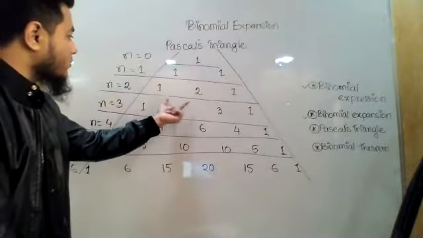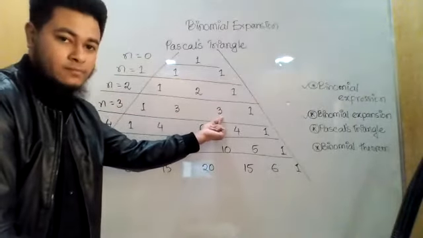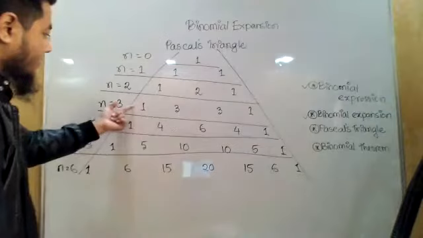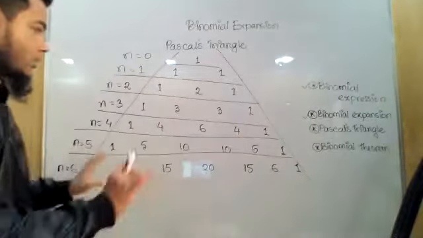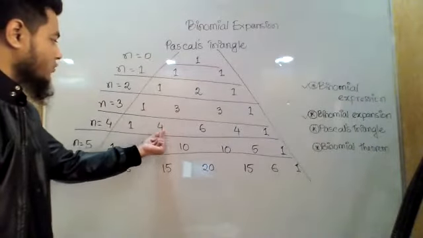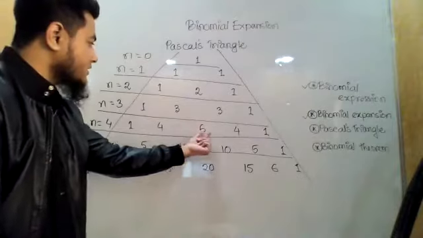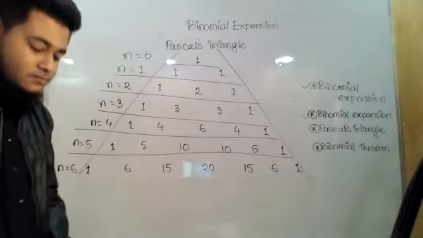In between, the numbers come as the summation: 2 plus 1 is 3, 2 plus 1 is 3. Then in the next line, again at the beginning and at the end we write 1 and 1, that is fixed. Then for the next numbers, you can see: 3 plus 1 is 4, 3 plus 3 is 6, 3 plus 1 is 4, right? Is it easy now?